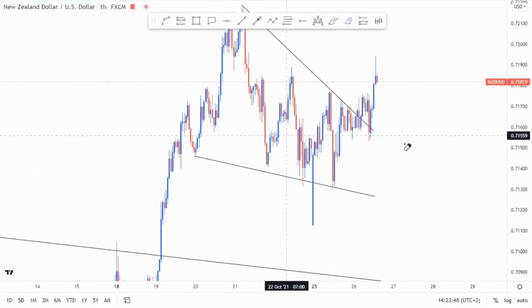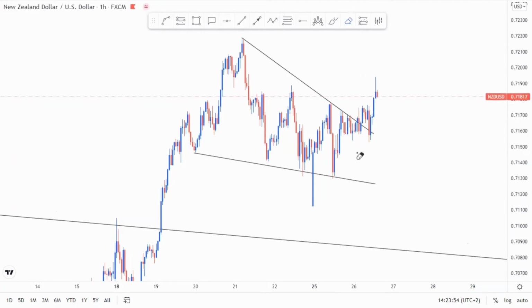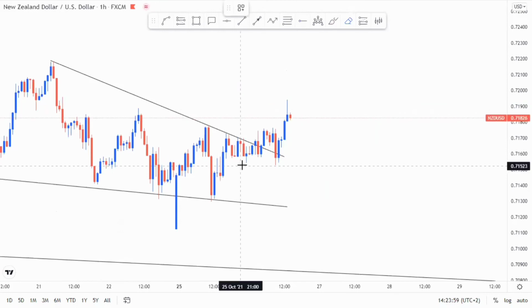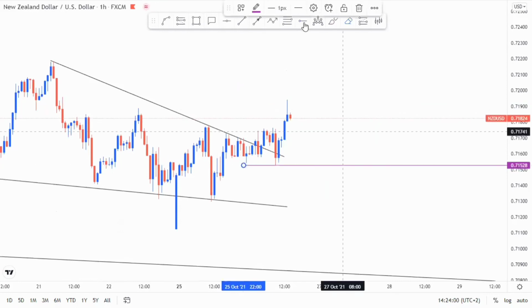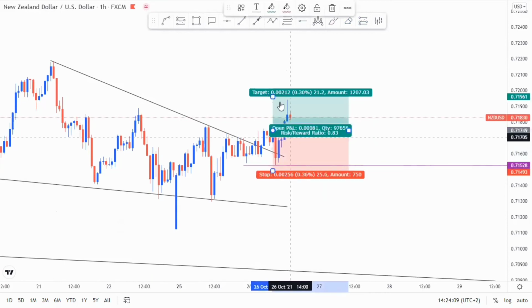As you guys can see, we have broken out of this pattern, not impulsively, but we have broken out of it. So we'll be looking for the entry over here. Say this is the level here. The entry is possibly here. Enter here. Stop loss just below this.